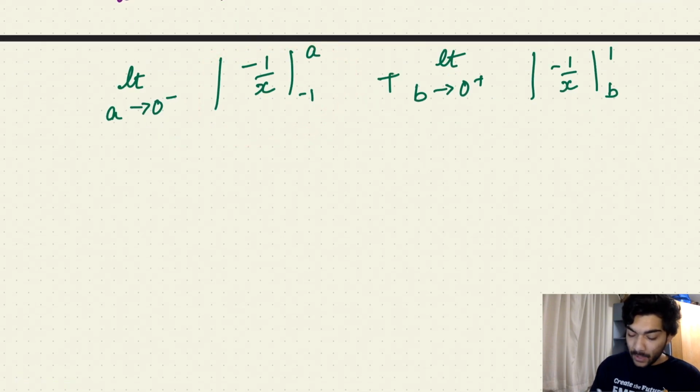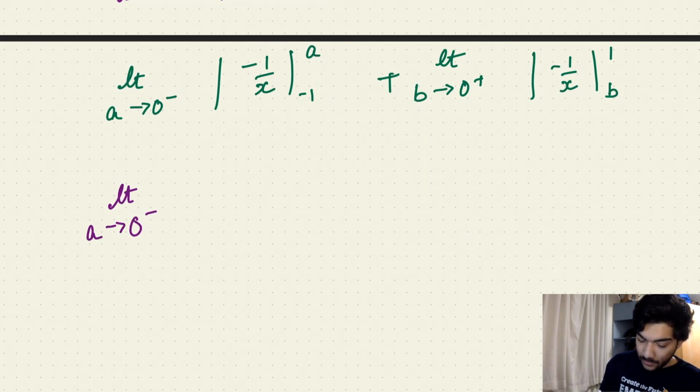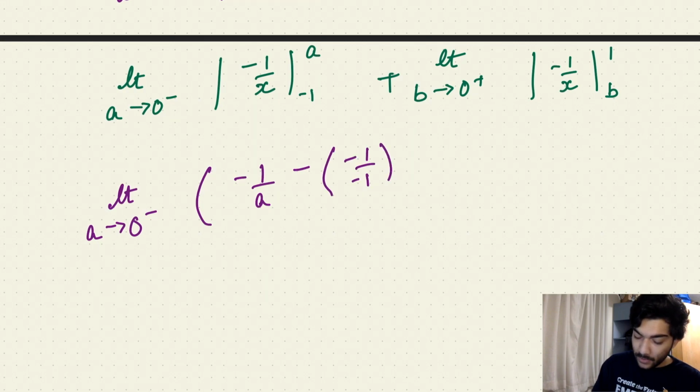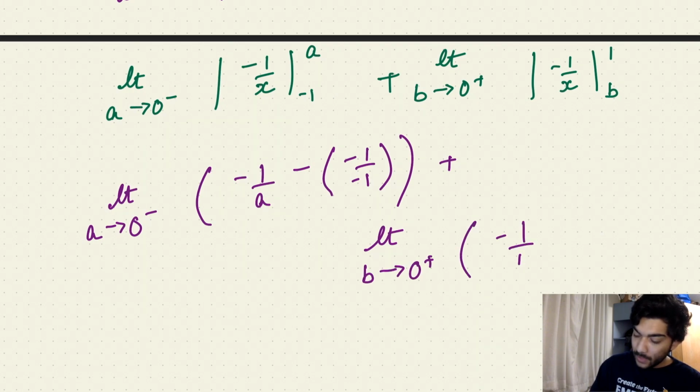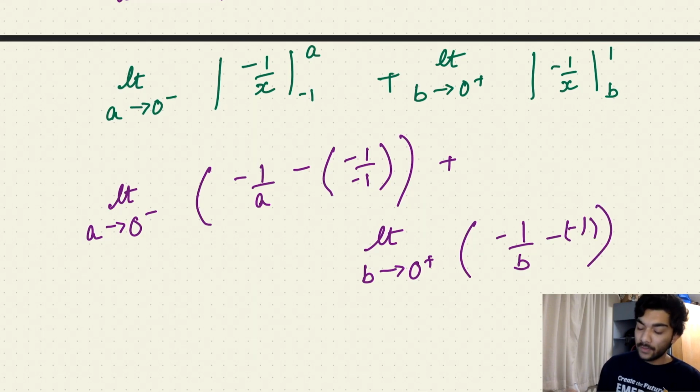And now we can simply plug in the endpoints. After plugging in the endpoints, this becomes limit a approaches 0 minus, the inner expression would be -1 upon a minus of -1 upon -1, right? And the second one would be limit b approaches 0 plus, -1 by b minus -1 over here, right?